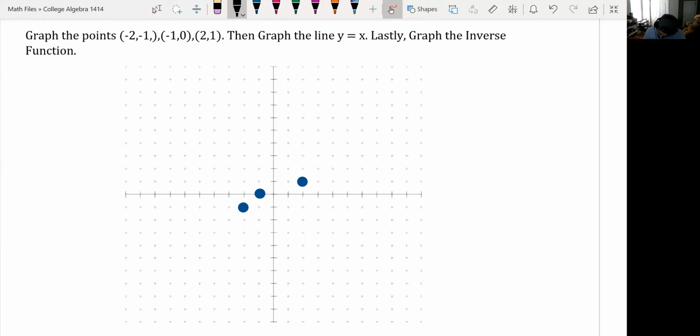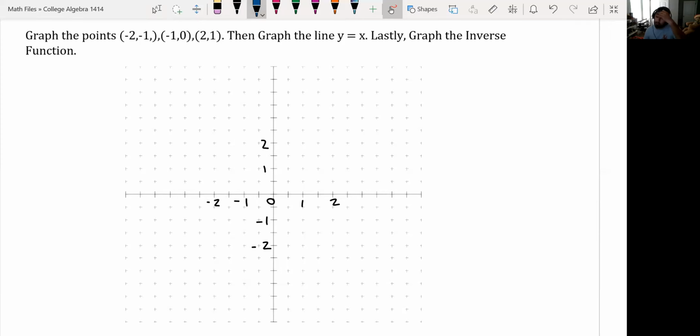Okay, so here's what my original function looks like. I wonder if I should space it out more. I probably could. Let's do that. Let's make this 0, 1, 2, -1, -2, and then down here is -1, -2, and then 1, 2. There you go.